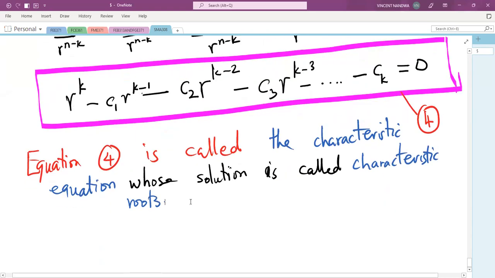So 4 is the characteristic equation and the solutions are called characteristic roots. So the characteristic equation of the recurrence relation, and then the solution is characteristic roots.